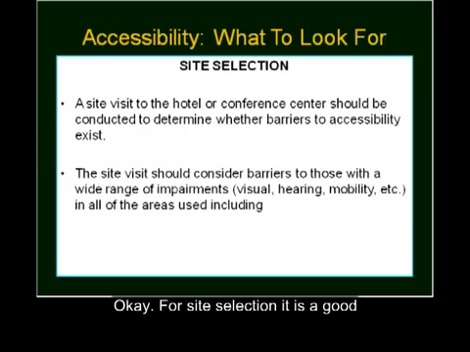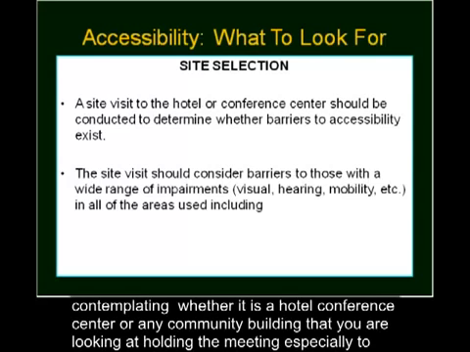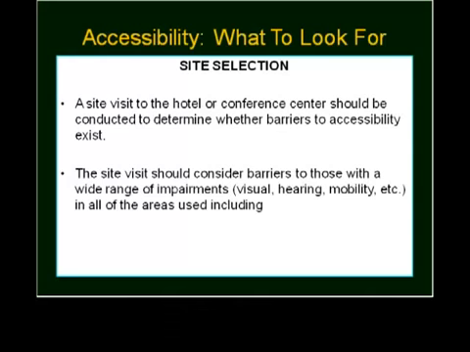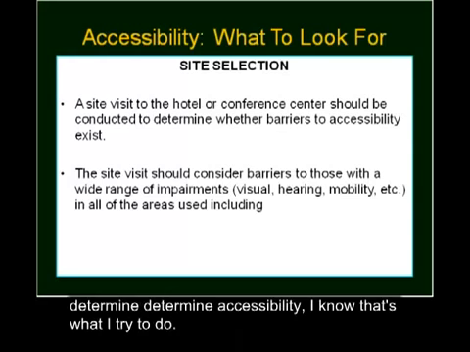Okay. For site selection, it's a good idea to visit each site that you're contemplating, whether it's a hotel, conference center, or any community building that you're looking at holding your event or meeting, especially to determine what barriers for accessibility exist.